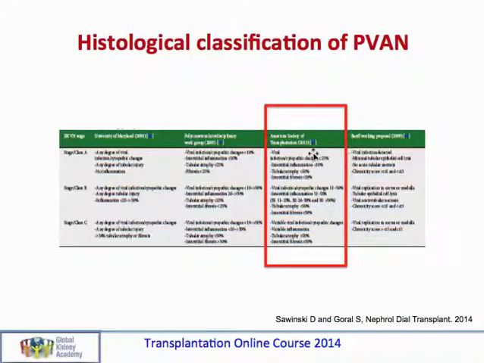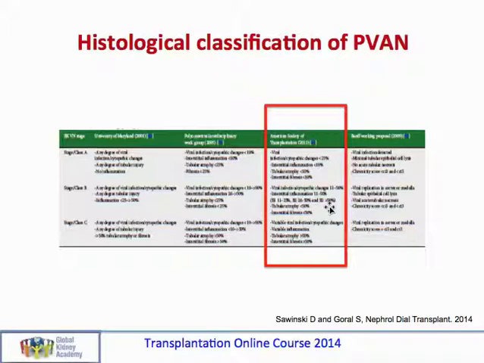You've got BANFF, you have the American Society of Transplantation, which I've highlighted here, the University of Maryland classification, but essentially the classification is really stage 1, 2 and 3, or class A, B, or C. And in stage 1 or class A, often very little is seen. Light microscopy appearances are almost normal, very minimal inflammation, minimal fibrosis and tubular atrophy. You may see some small degree of cytopathic changes.